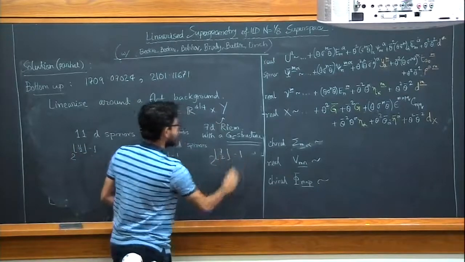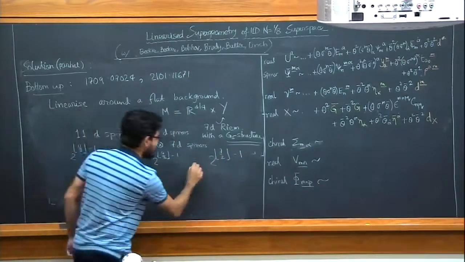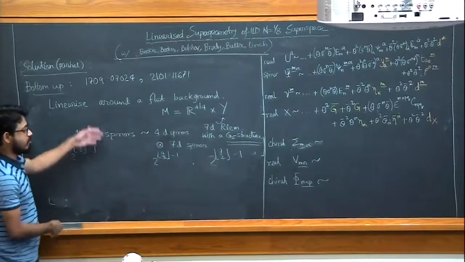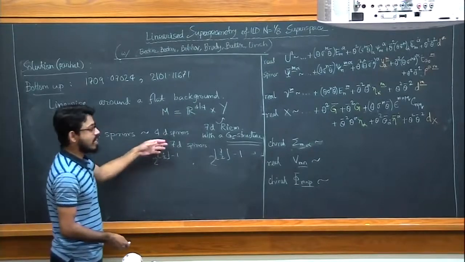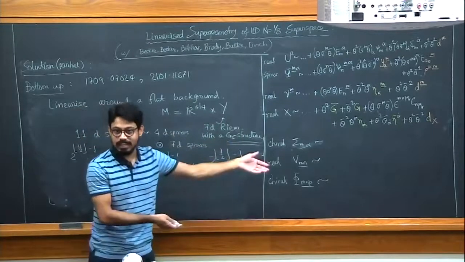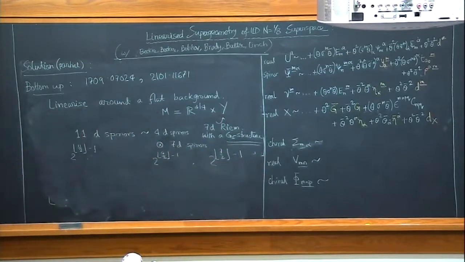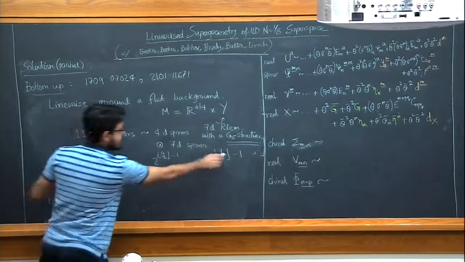Now if you take a simple product of these two, that matches this number. But if you had a vector in 11 dimensions, it usually doesn't go as a 4D vector times a 7D vector, but 11D spinors have that. It's because of the exponentiation of the dimension.